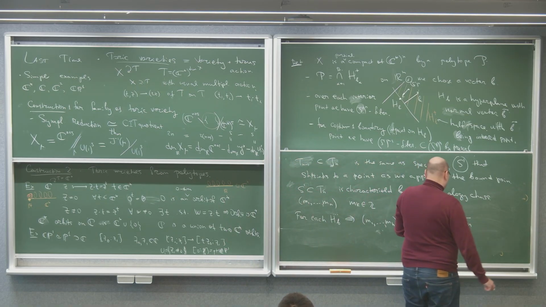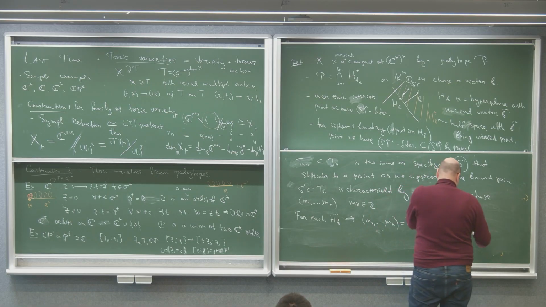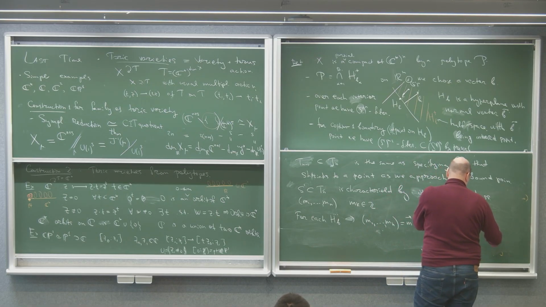And furthermore, the proportionality coefficient should be an integer, so this should be some non-zero integer number k multiplied by m.